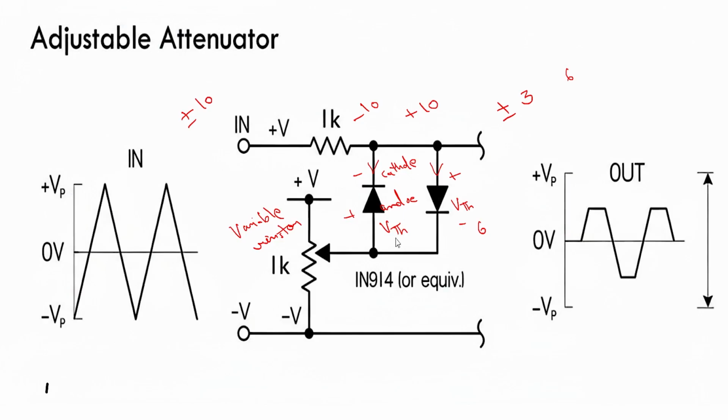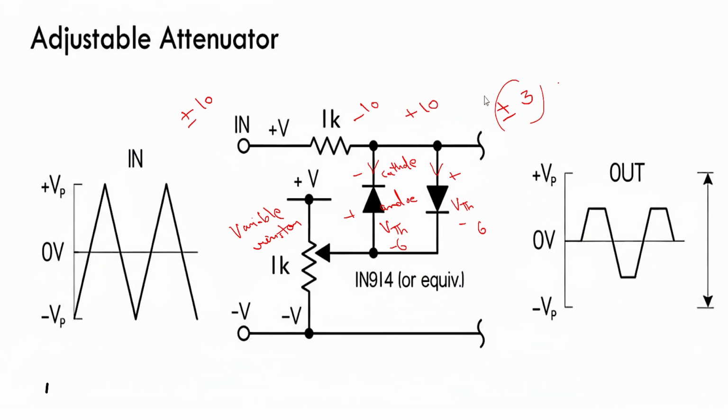If you change the threshold voltage, the output voltage will not exceed that threshold voltage. If the threshold voltage is 6 volts, the output will be minus 6 volt, so the output will not exceed minus 6 volt. Understand.